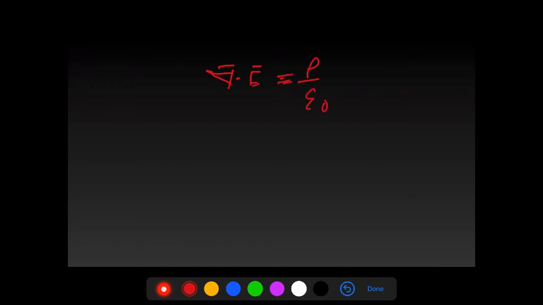Suppose you are given a problem with E, then we have to find any of the other parameters, or otherwise we have to simplify the problem by using this formula. So these are very important from the exam point of view.